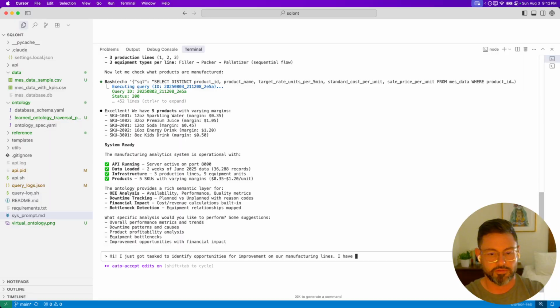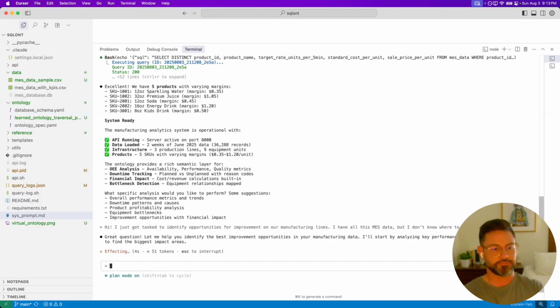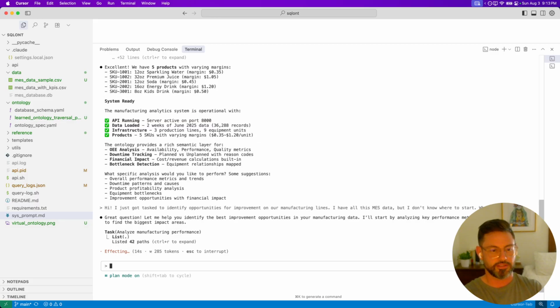I have all this MES data, but I don't know where to start. What do you think? What I love about Claude Code is I can toggle plan and execution. So I'm just going to see what kind of plan it lays out. It looks like it's going to charge ahead anyway.